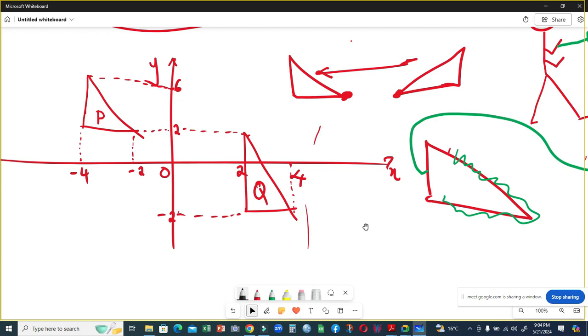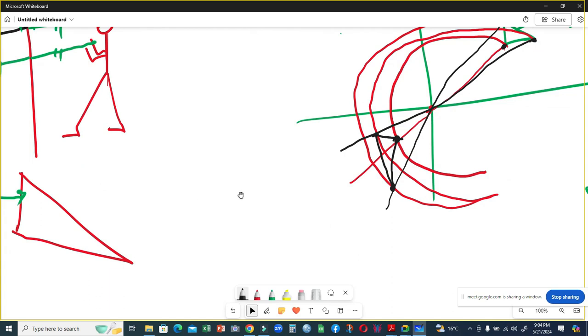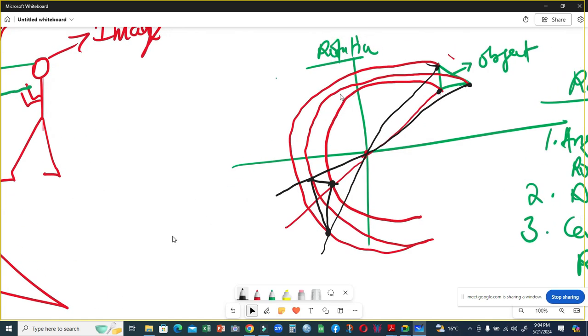regardless of the center which we are going to pick here, this cannot move in a circular form. Because as it moves in a circular form, remember, it will not be exactly in the direction of the shape.